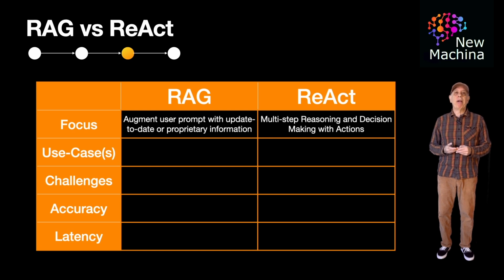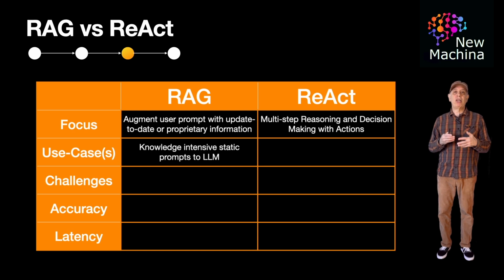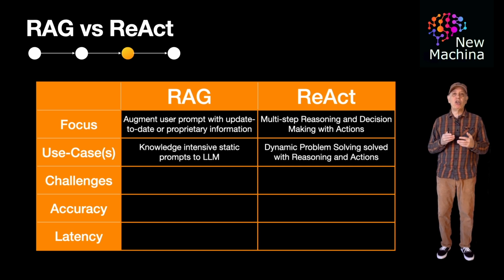The second area of comparison is the preferred use case. RAG is preferred in knowledge-intensive, static prompts to an LLM. ReAct is better for dynamic, interactive problem-solving that requires ad hoc reasoning and actions. A third area of comparison are the challenges for each of these approaches.